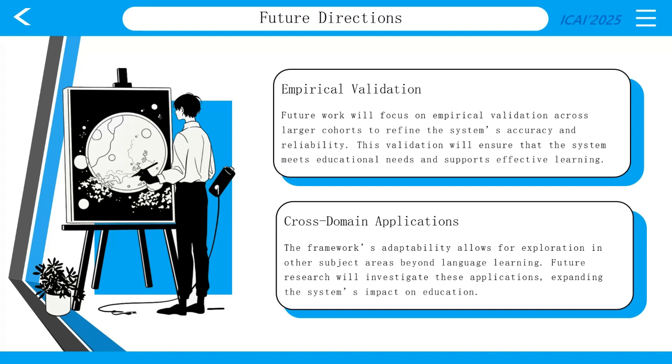And as I say cross domain applications, I also mean that the real power of Bloom's taxonomy is in actually learning some stuff in various domains rather than just learning language.